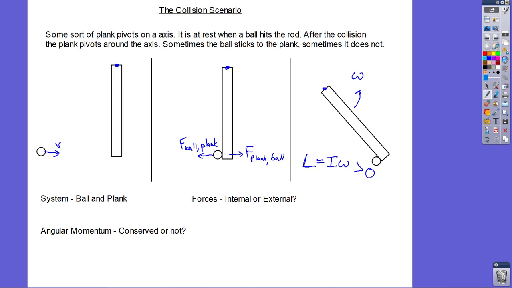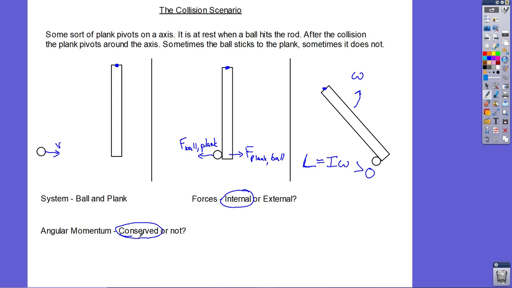Now we kind of have to use some reasoning because we're dealing with this in a very big picture kind of way. We said that internal forces cannot change the angular momentum of the system. What that means is that angular momentum should be conserved if there are no external torques.